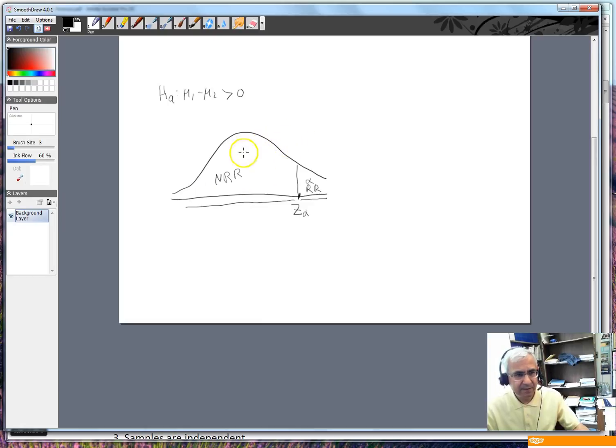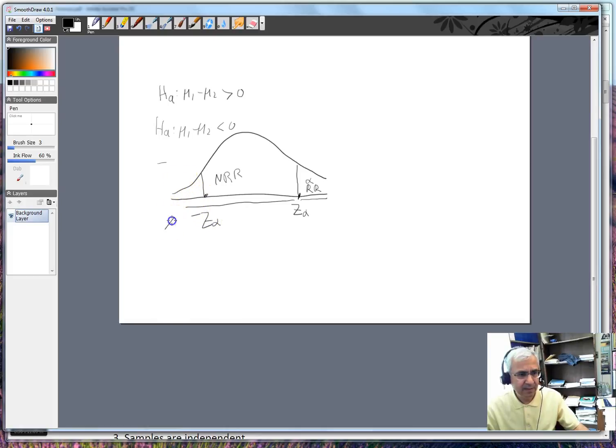Okay, so this is my upper tail test. If it's a lower tail test, if HA is mu1 minus mu2, say, less than 0, then my critical value is going to be down here, which is negative Z alpha.